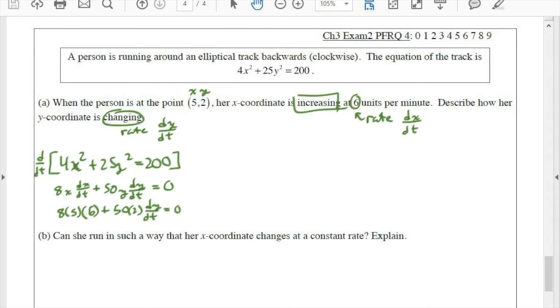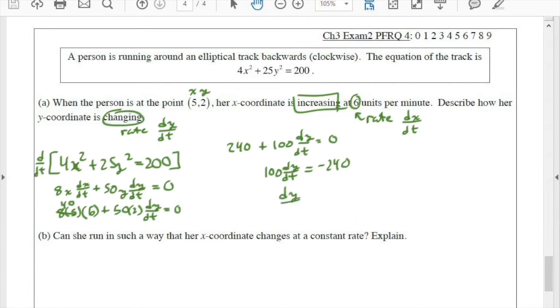Okay, 8 times 5 is 40, and then 40 times 6 would be 240. So I get 240 plus 100 dy dt. I got to subtract 240 from both sides. I get 100 dy dt equals negative 240. I divide both sides by 100.